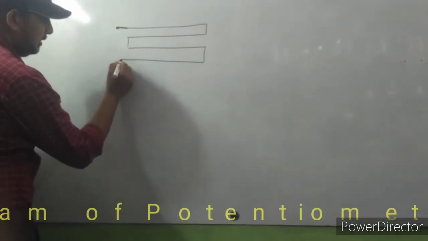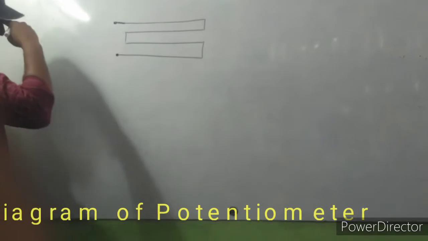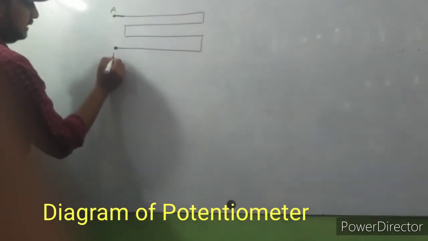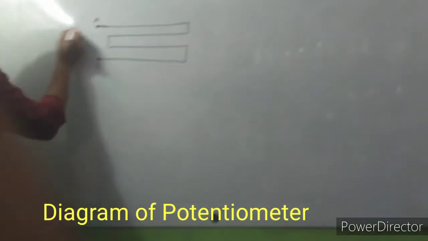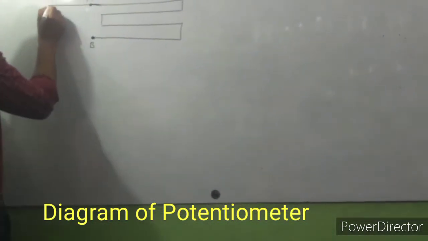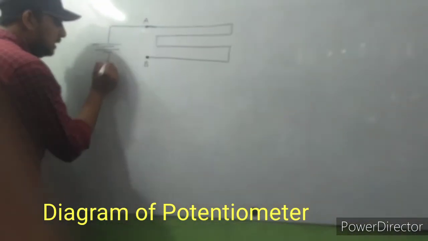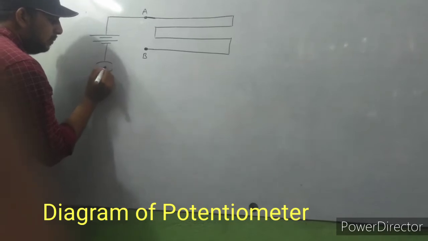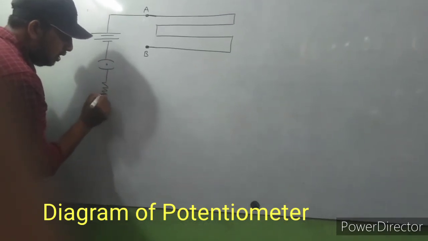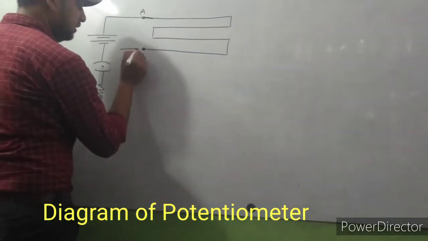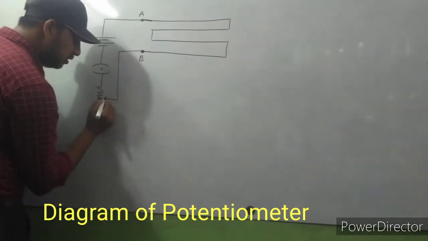The 4 meter wire is arranged like this. They are connected in series with the help of copper strips. These are copper strips A and B. The ends of these copper strips are connected to a strong battery source, a plug key and a rheostat RH.